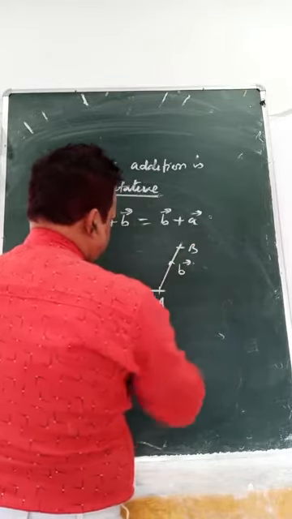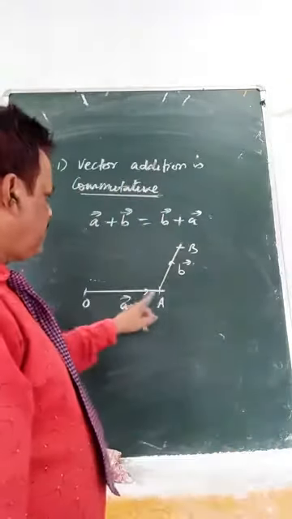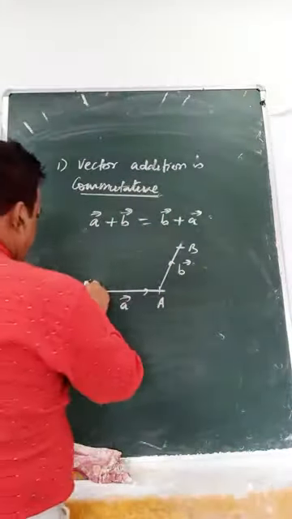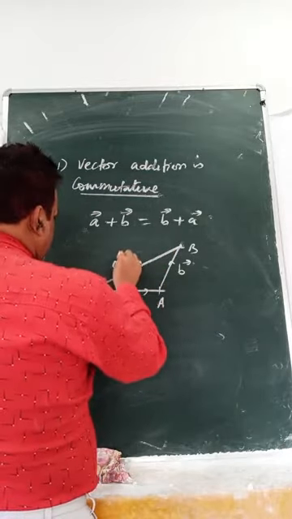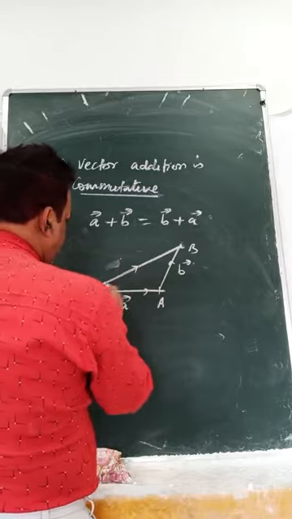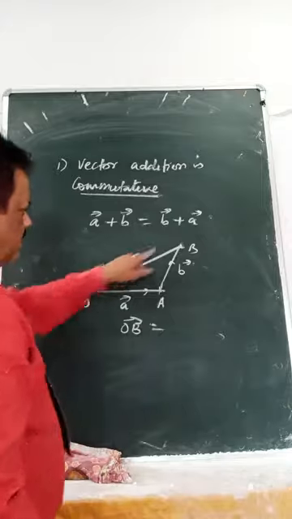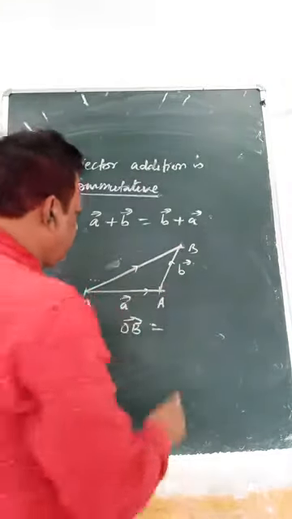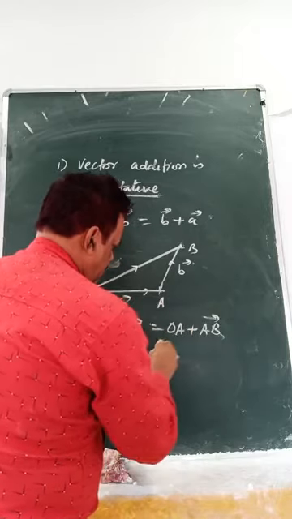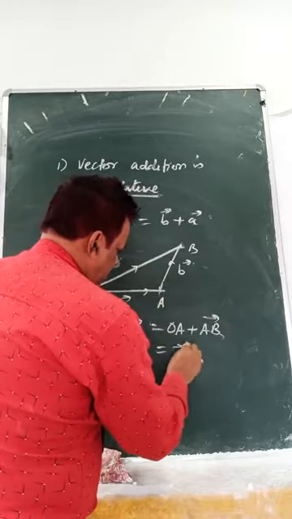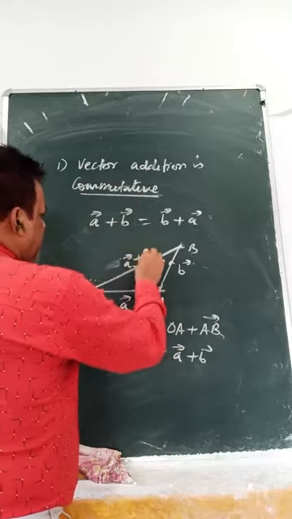According to the vector law of addition, OA plus AB equals OB, that is A vector plus B vector.